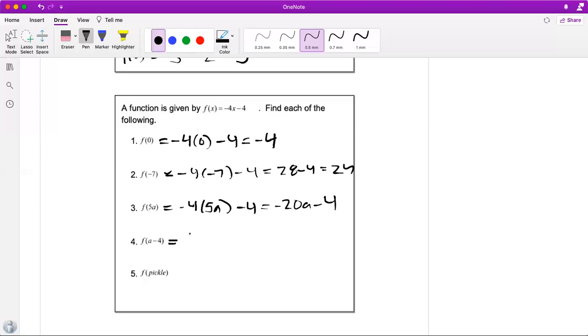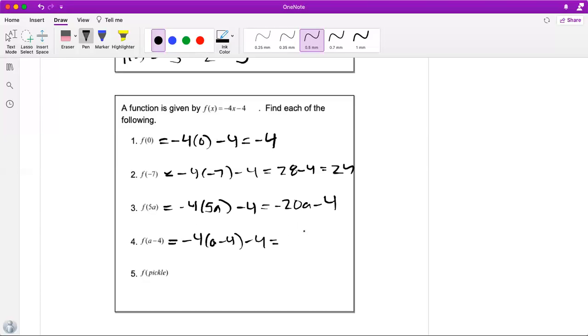This number 4 is very similar. The thing in the parentheses now is a minus 4 instead of just a single number or a single variable term, but that's okay. The function tells me exactly what to do with it. Negative 4 times the thing in the parentheses minus 4. Negative 4 times the thing in the parentheses, which is a minus 4. And then minus 4.